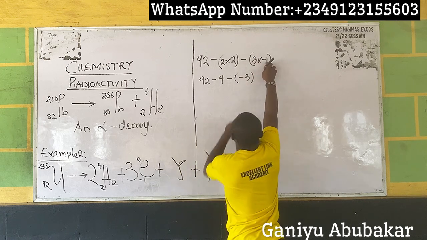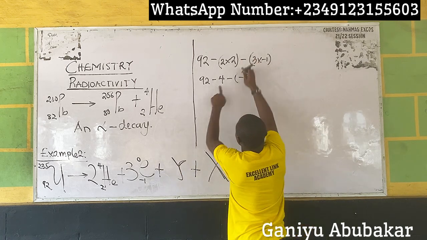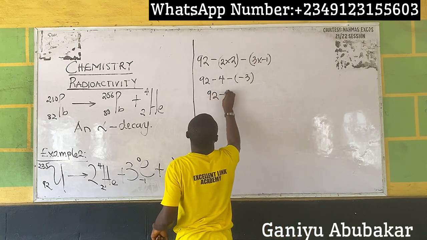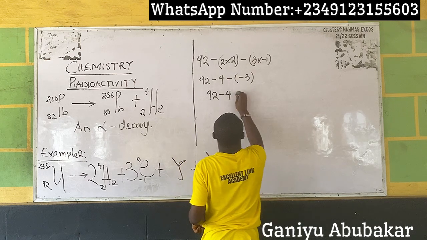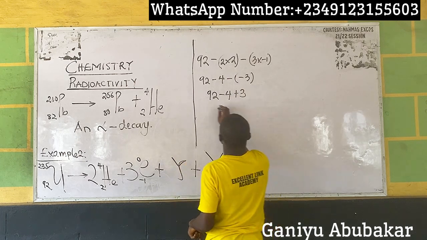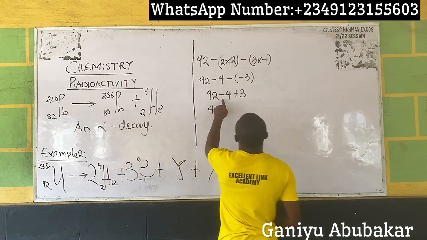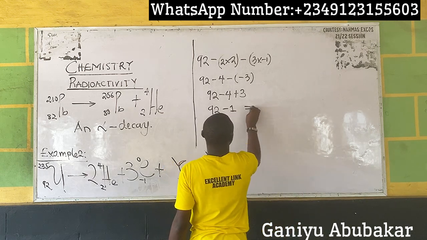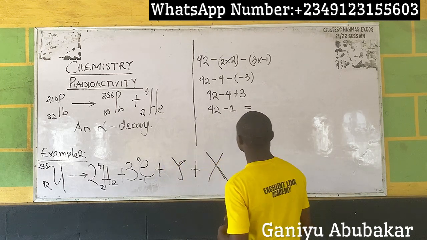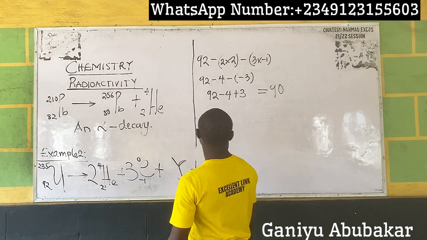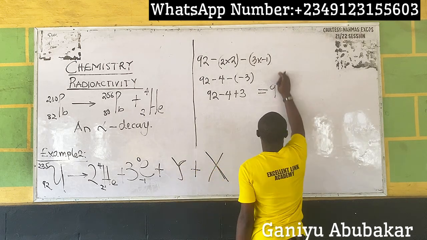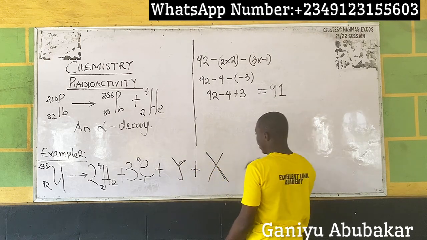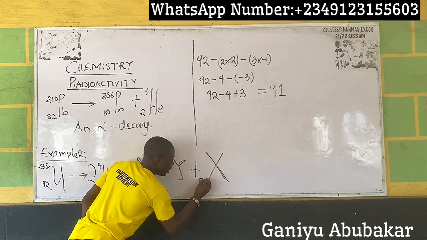So we have 92 minus 4, minus is plus, so plus 3. It becomes 92 minus 4 plus 3, which gives 91. So I have 91 here.